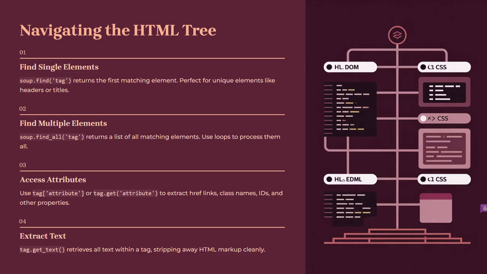And the fourth is extracting text. get_text() cleans everything and returns plain text. This is one of the most useful functions in BS4. These four skills are basically everything you need to navigate any HTML structure.